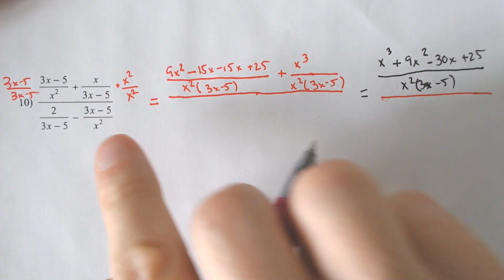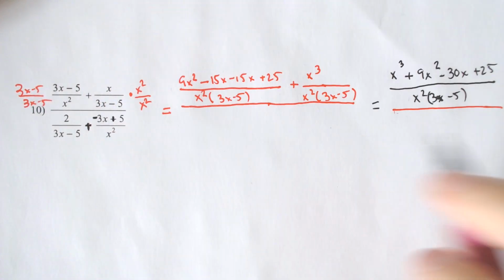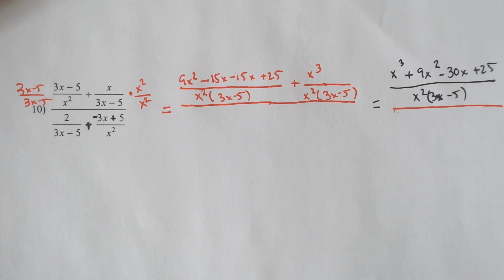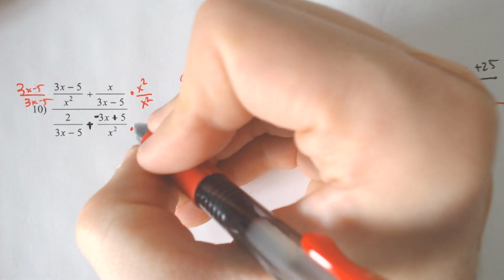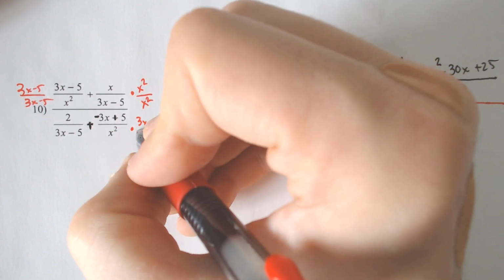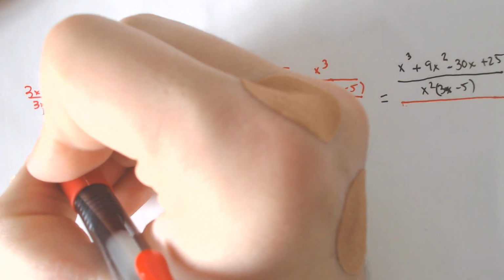For starters, I do not like this negative here. I really prefer to change that to a plus and then change the sign of both of them. Now this is going to be very similar, because over here we were missing the 3x minus 5 to make the bottom the same, and over here we were missing the x squared.